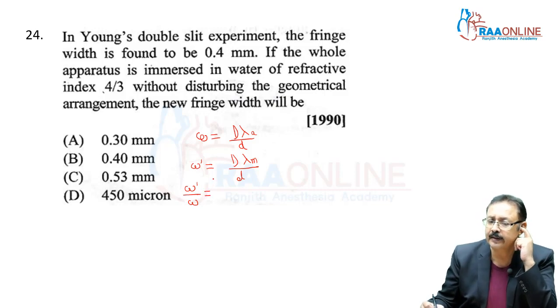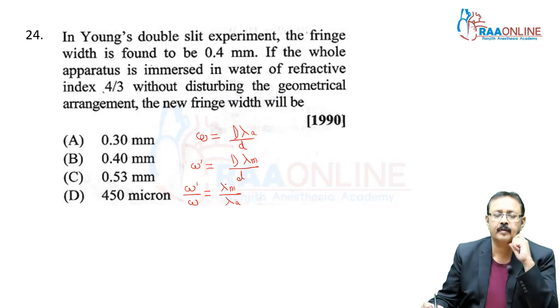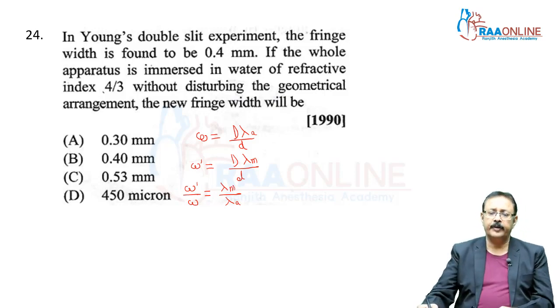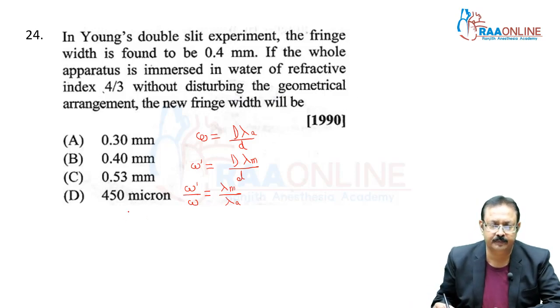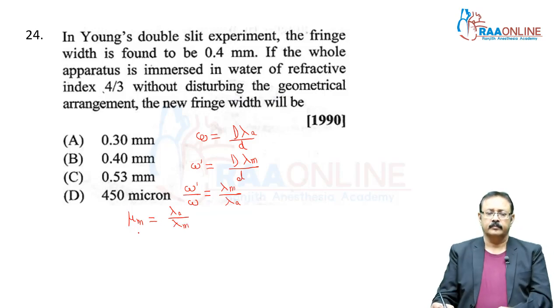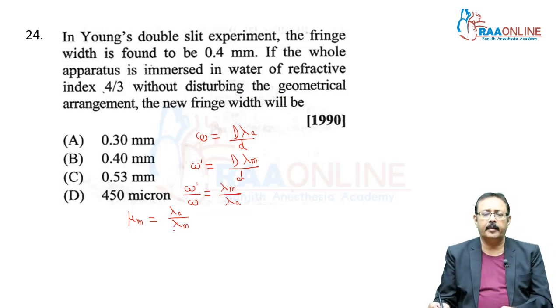You will get D and d cancelled out. Lambda m upon lambda a. But we know that the refractive index of any medium is the wavelength of light in air or vacuum upon the wavelength of light in the medium. So lambda a upon lambda m is mu m.